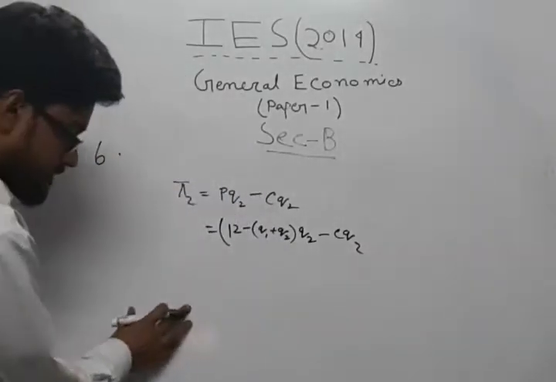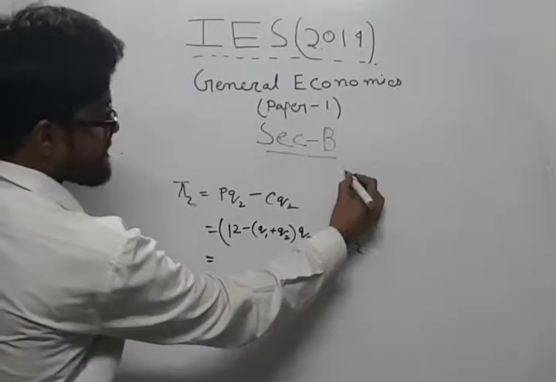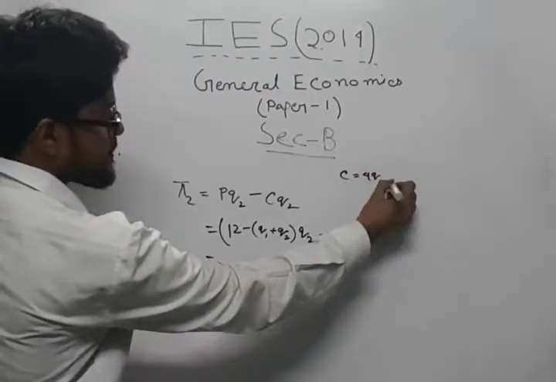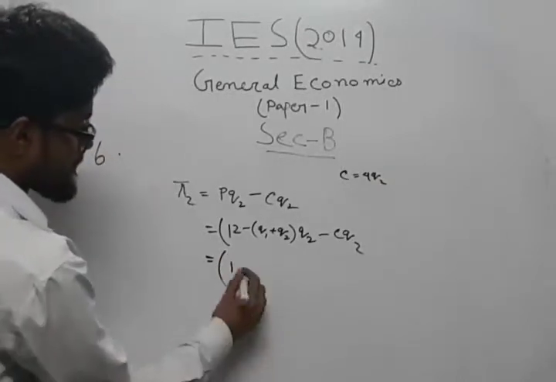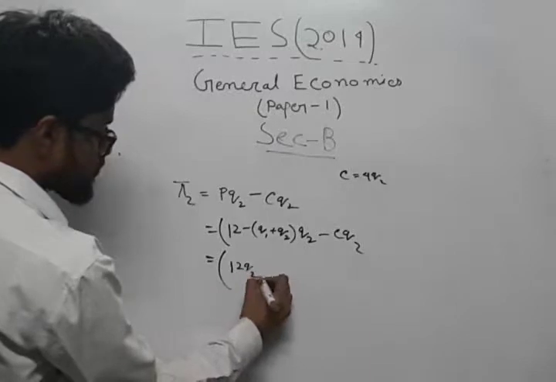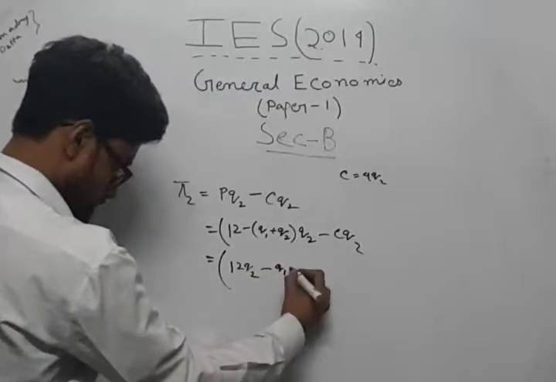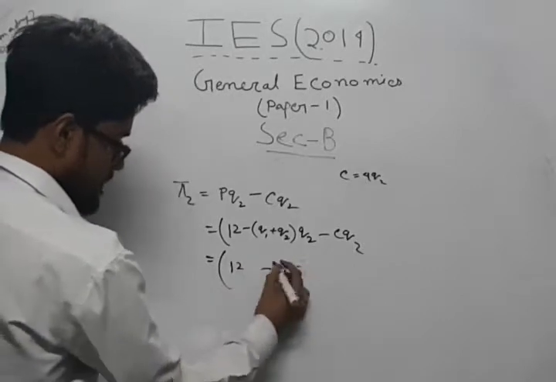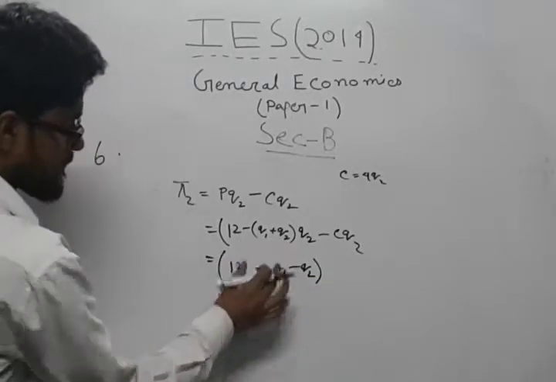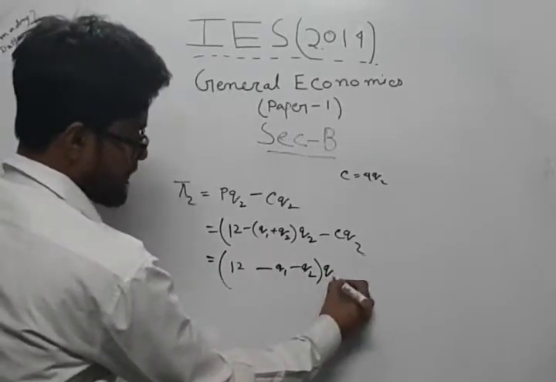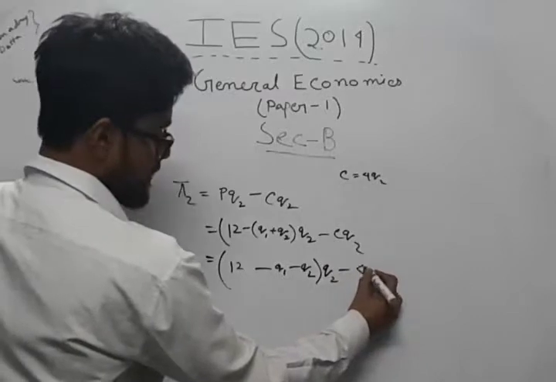The cost function is given by 4Q2. So it will become 12Q2 minus Q1Q2 minus Q2 squared, and for CQ2 it will be 4Q2.